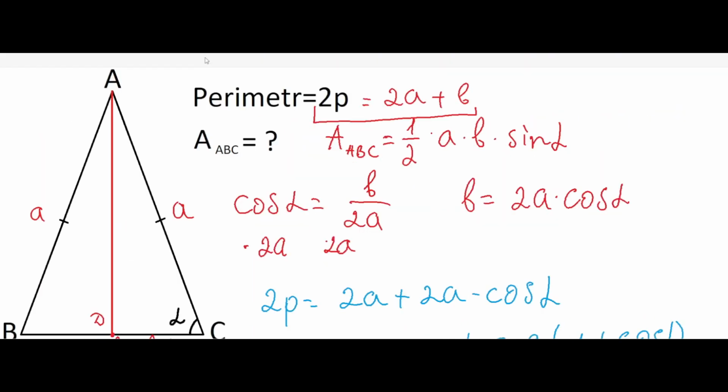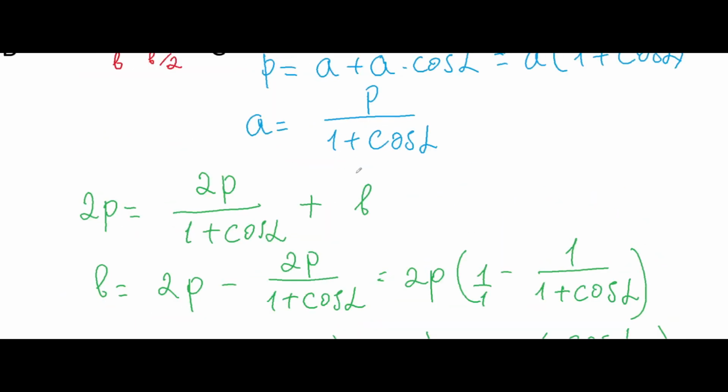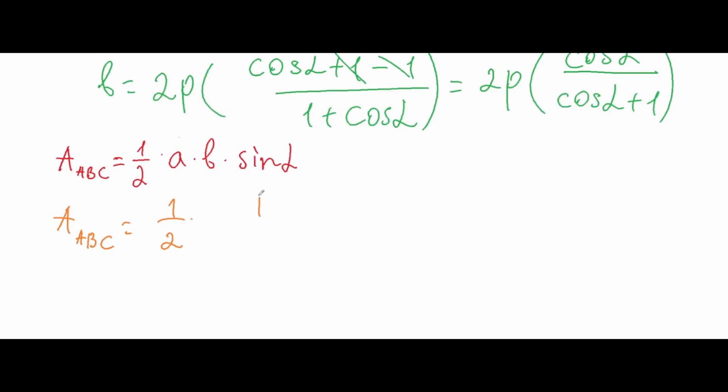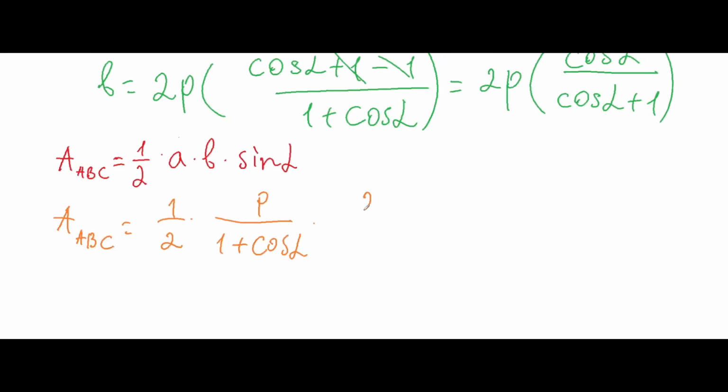Now it's time to plug these expressions in instead of A and B. The area of ABC will be equal to 1/2 times A, which is P over 1 plus cosine alpha, times B, which is 2P cosine alpha over 1 plus cosine alpha.